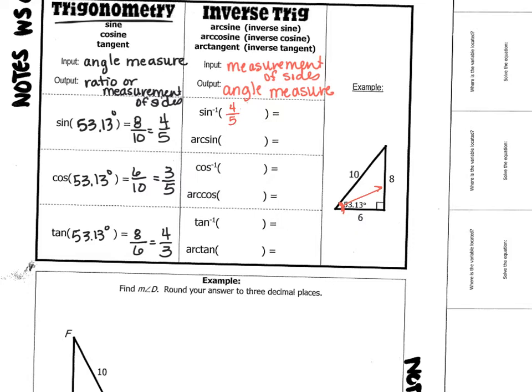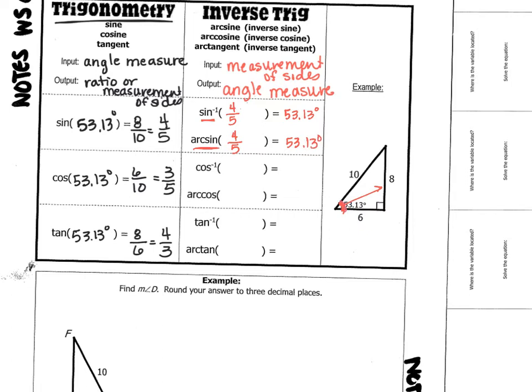If I plug that into my calculator, notice that right behind the sine button is this sine inverse button, and if I use that, it's going to spit out the 53.13 degrees. Arc sine is just a different way of writing the inverse of sine, so again, arc sine of 4/5 is going to be that 53.13 degrees.